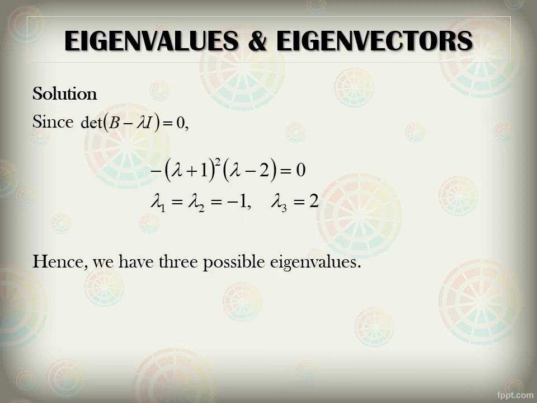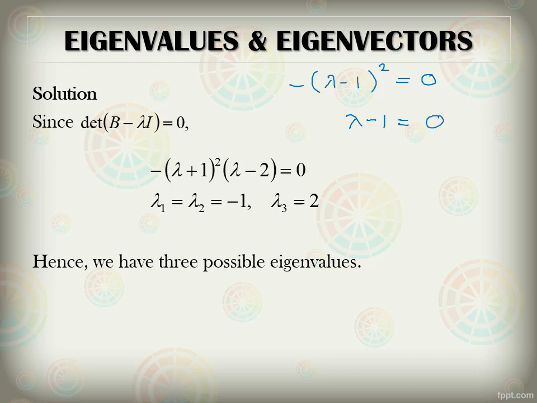When you equate your equation with 0, the first factor is lambda minus 1 in the bracket, squared, equal to 0. So taking the square root, you will have lambda minus 1 equal to 0.